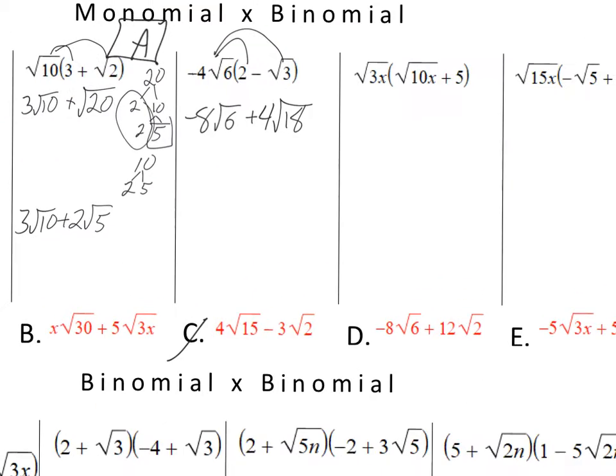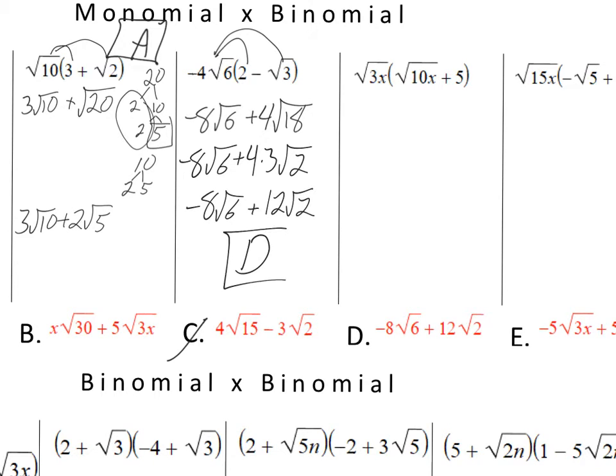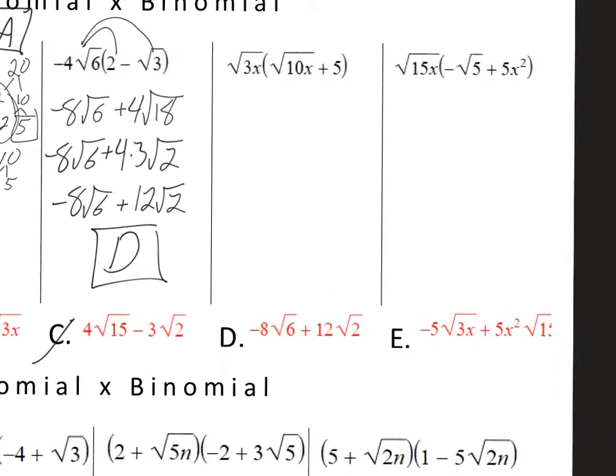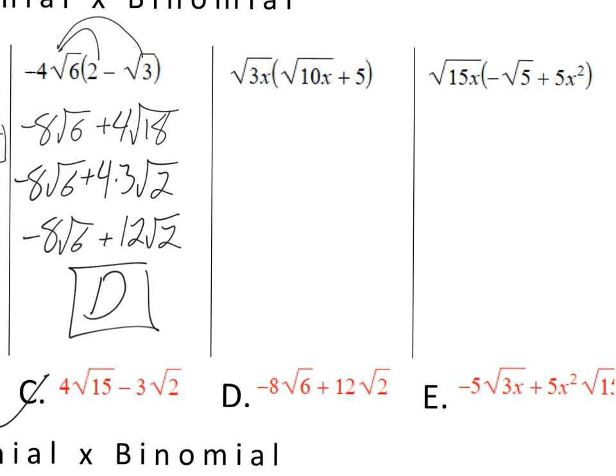Yeah, it's 3 radical 2. So I have 4 times 3 radical 2 plus -8 radical 6. 4 times 3 is 12 radical 2. That answer is D. Okay, go ahead and try the next one.